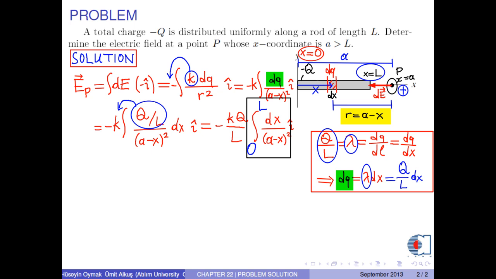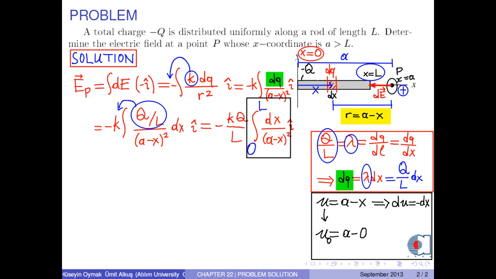In order to calculate the integral, for simplicity, let us change the variable of the integral. So let us introduce a new variable u as a minus x. Therefore, the differential length du becomes negative dx, and the limits of the integral become u0 equals a and uL equals a minus L. Now we can calculate the integral.